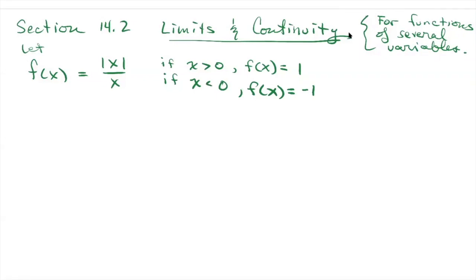If you graph this thing, it's a little strange. You're going to have a hole there and maybe a hole here. And then in red, I'll do the rest of the graph. So it's going to look like this on the right and this on the left.